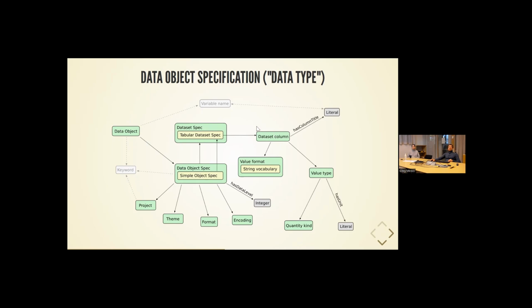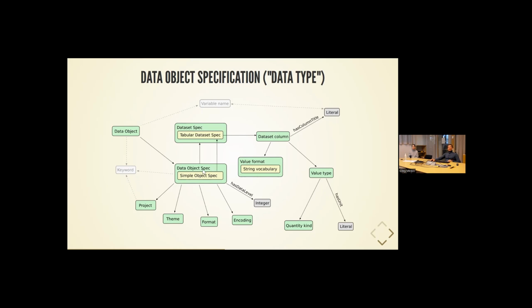So we have a list of variables, and these variables have something we call a value type, which is supposed to be a well explained and well defined notion from the knowledge domain. And of course we also retain the original variable name.